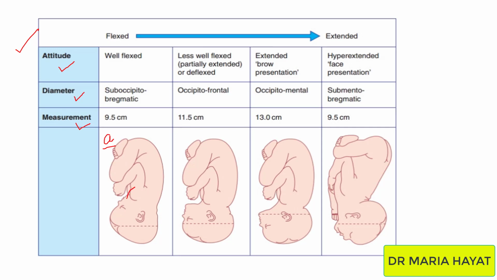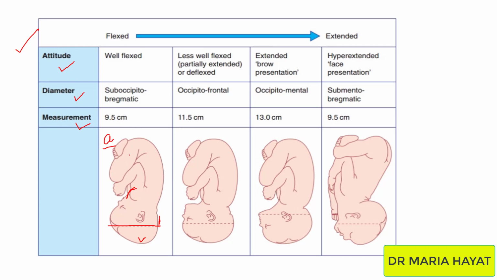When the fetal chin directly attaches with the fetal chest, the presenting part is the vertex and the presenting diameter is from subocciput, below the occiput, till the bregma. This part will first engage and enter into the maternal pelvis, and it measures about 9.5 centimeter.